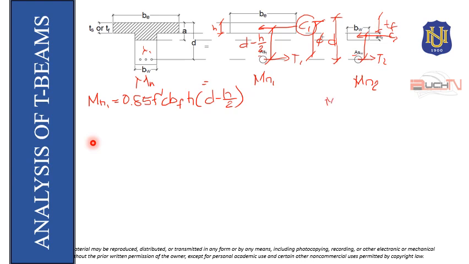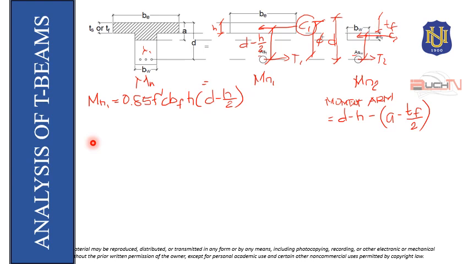So, moment arm. So, ang moment arm dun will be equal to D minus H minus, syempre ito is A minus TF over 2. Kasi babawasan pa natin yung value. So, that will be A minus T sub F over 2.